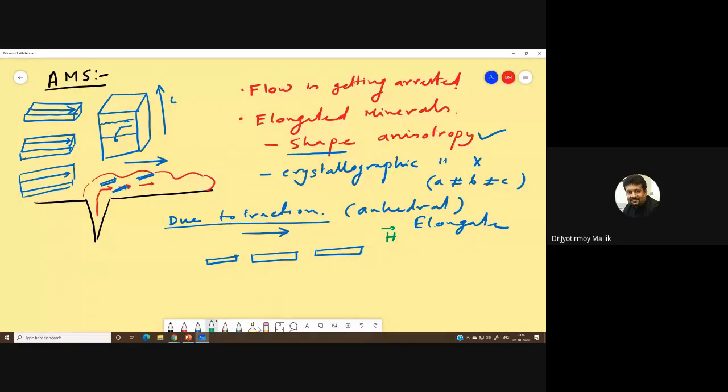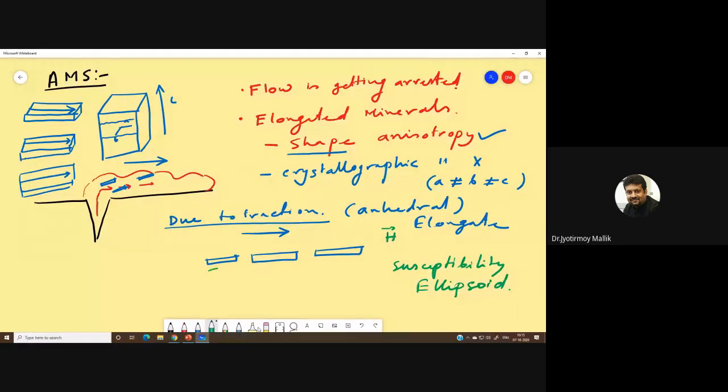Now, what people have discovered, and why this happens is still under debate and people are trying to investigate, is that the susceptibility ellipsoid also aligns itself along its shape anisotropy.